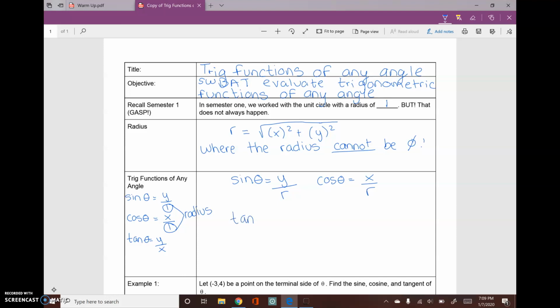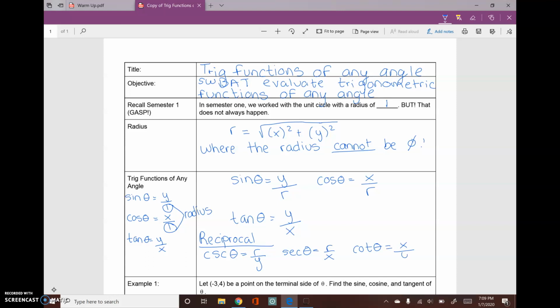And would tangent change? It will not. It will stay the same. But now we can also figure out the reciprocal ones. So then we have cosecant of theta, which is just r over y, secant of theta, which is r over x, and then will cotangent change?